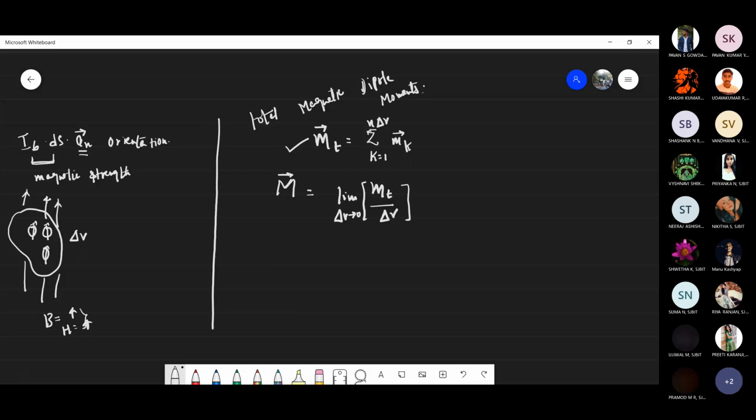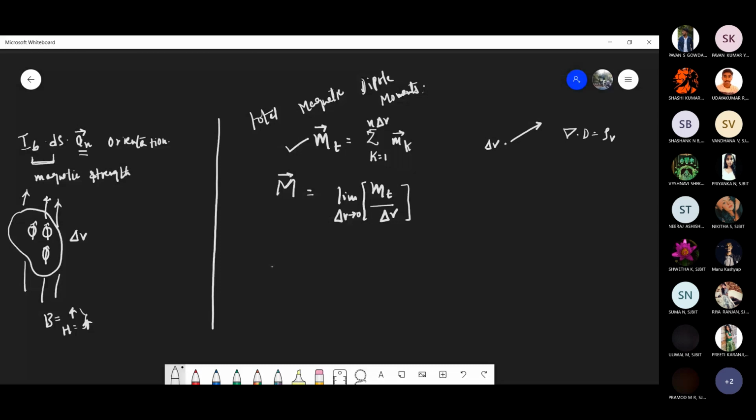This is a very important equation. It is just like the previous divergence and curl concepts we have studied. With divergence, you understand it with respect to a very small volume. That is del dot D is equal to rho v, Maxwell's first equation.